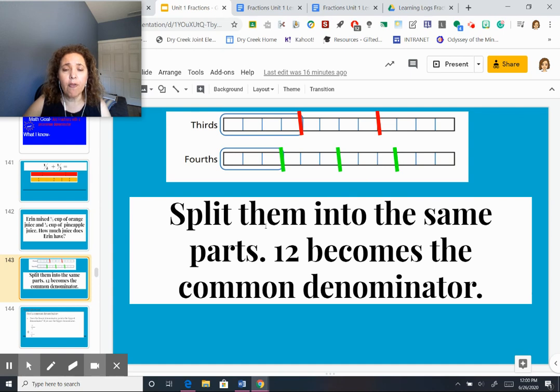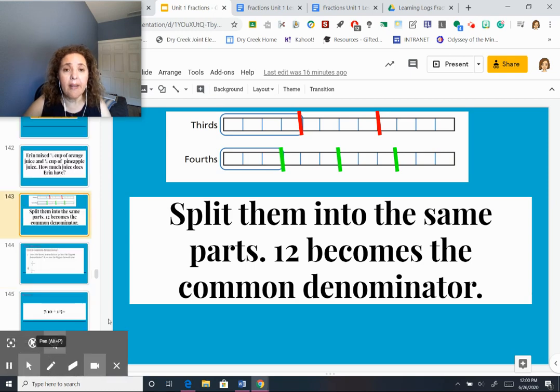I have to split them into the same parts. I'm splitting them into 12, and that's going to become my common denominator because with 3 and 4, I'm thinking, what numbers can I divide both into? And the answer is 12. So I'm splitting them up into 12s. And so here's my thirds, and here is my fourths.